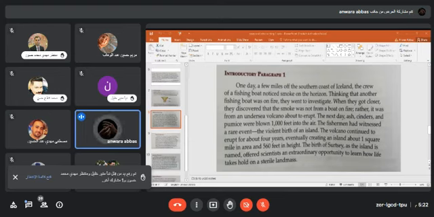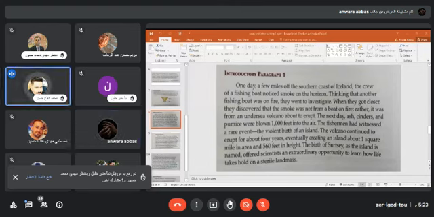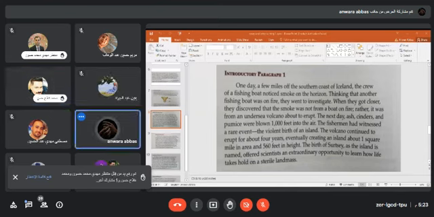So can you identify the thesis statement? Where is the thesis statement in this introduction? What is our topic? Is it about a volcano? Yes, Muhammad.